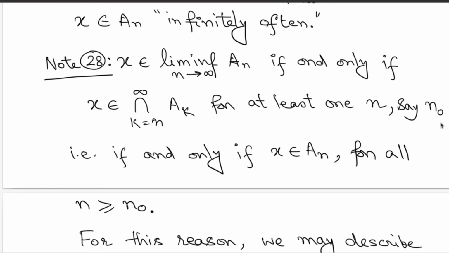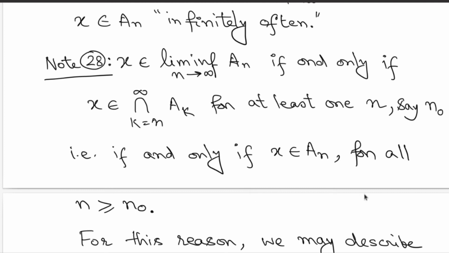So let's say that n is n naught, some positive integer. Then that means that x belongs to this intersection for all n after and including n naught. So x belongs to this intersection from n naught onwards. That means x is a common element in all these Ak's as k varies from n naught onwards.